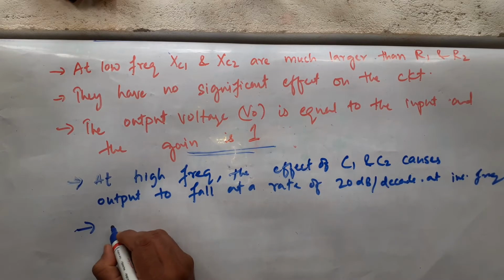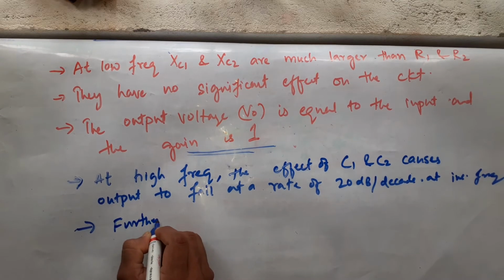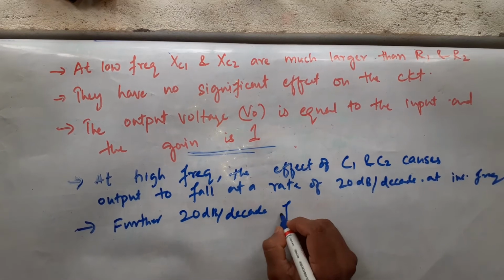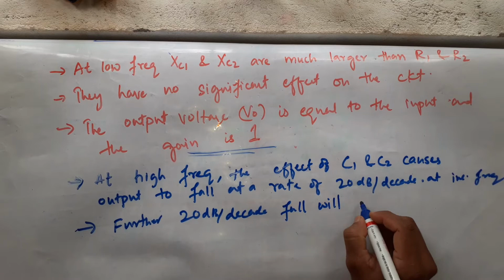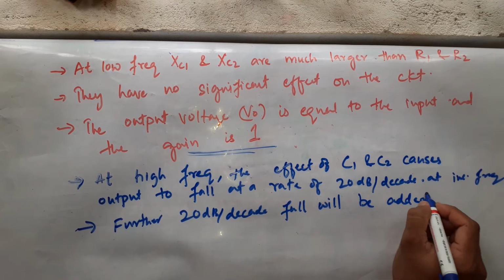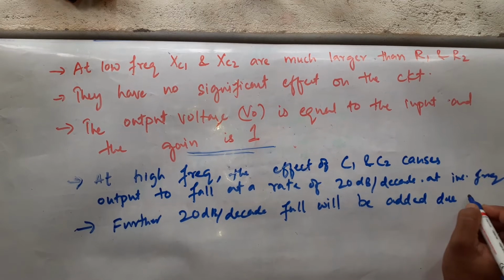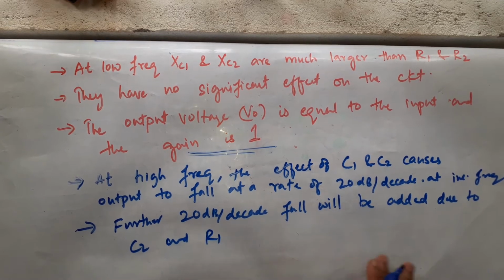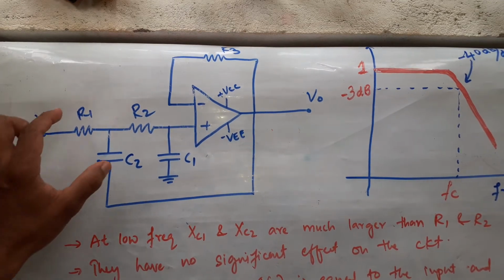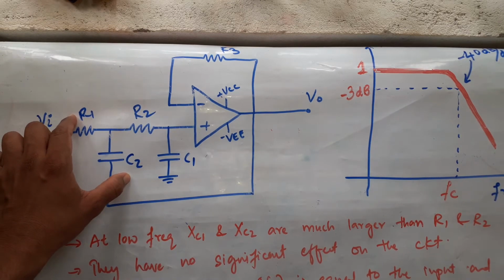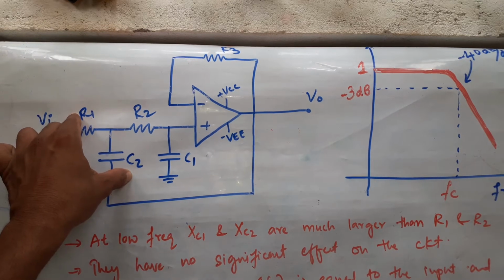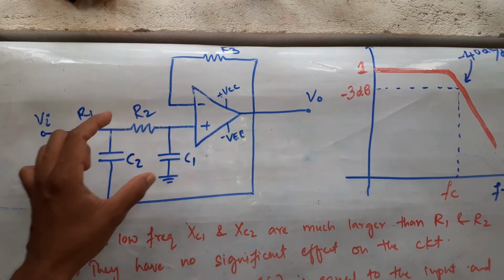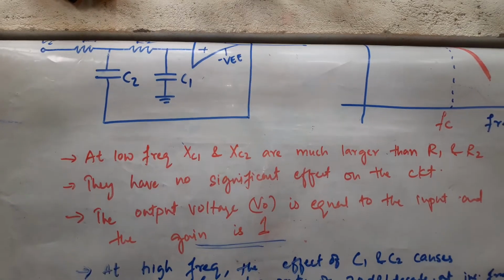Another 20 dB, how does it get? A further 20 dB per decade fall will be added with another network added due to capacitance C2 and R1.